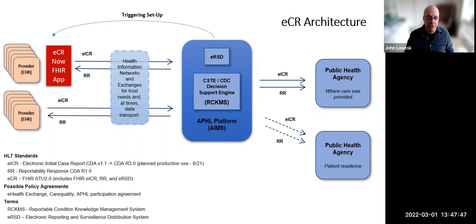have plans. This architecture that's on the screen in front of you is what could be called a hub and spoke architecture, where we have many EHRs and healthcare organizations on the left, many public health agencies on the right, and a single hub in the middle. That's a technical challenge in terms of scaling, but something that cloud technology can readily help with, and that's what we're doing. But it is also a great opportunity.